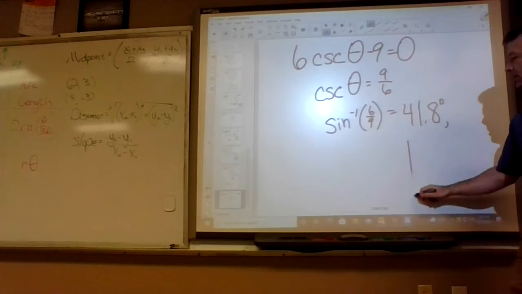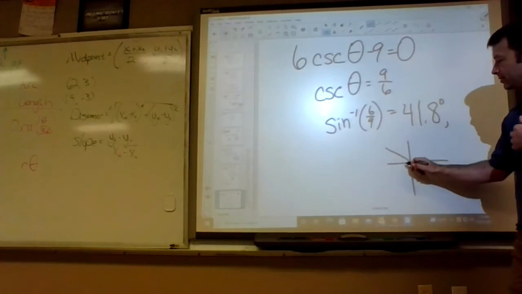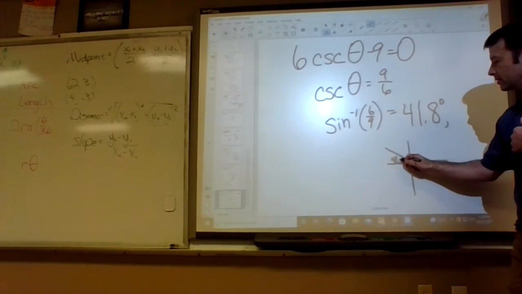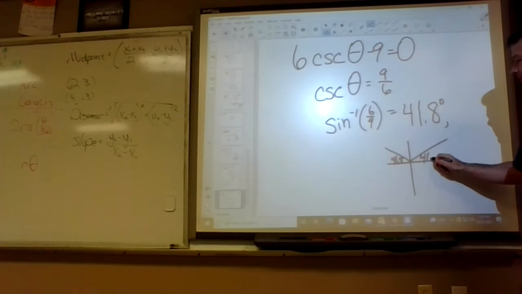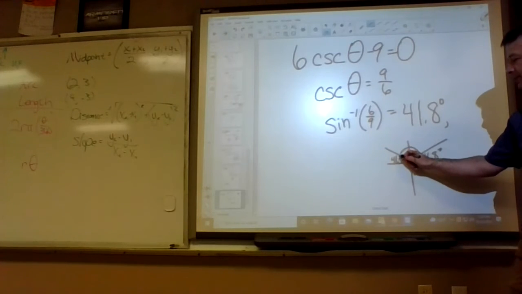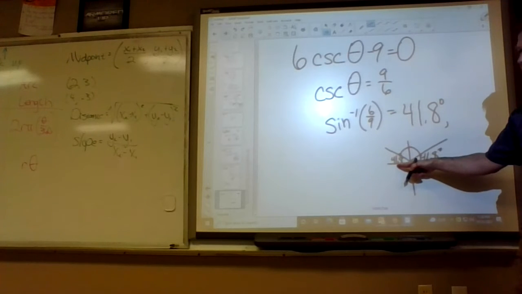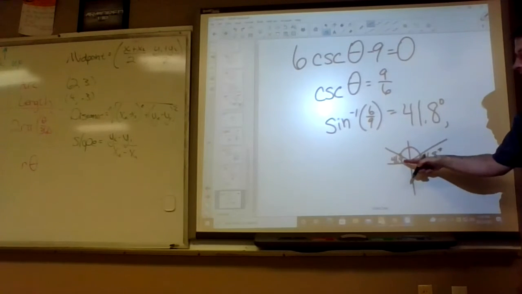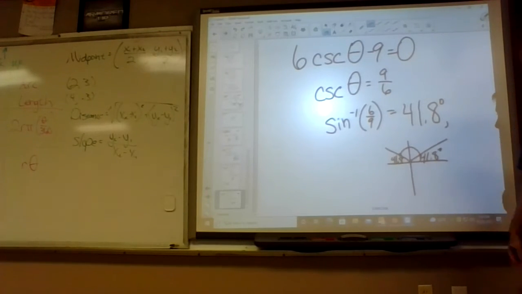Because the reference angle is this thing right here. They gave us this for a first quadrant angle, so the actual angle is 41.8 short of 180. So you do 180 minus that to get this angle.